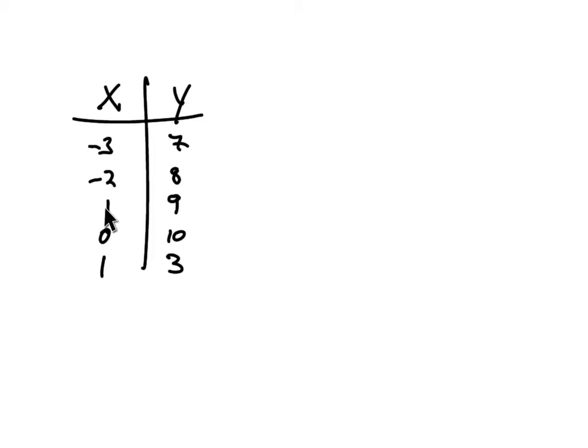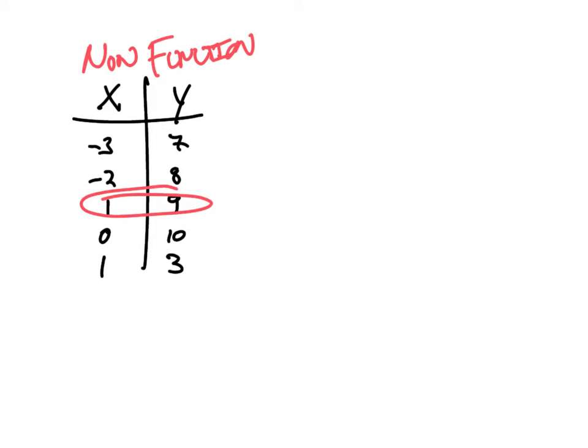I see right now that 1 could be 9 and 1 could be 3. This is a non-function. That non-function is here and here. Because I have 2 different outputs for 1, it cannot be a function.